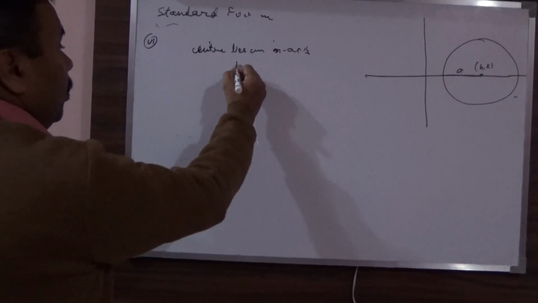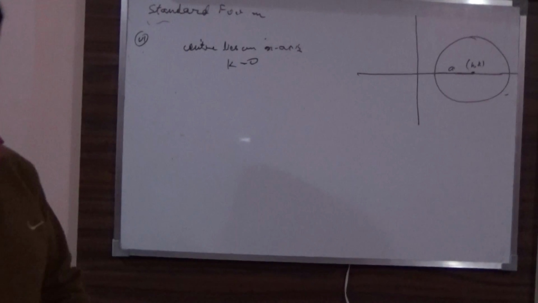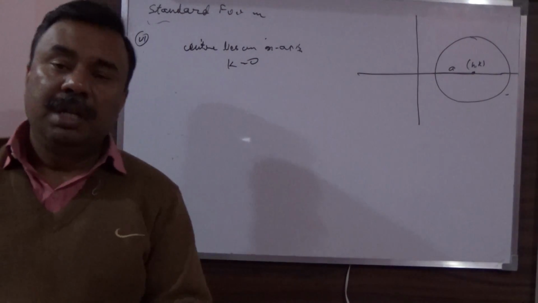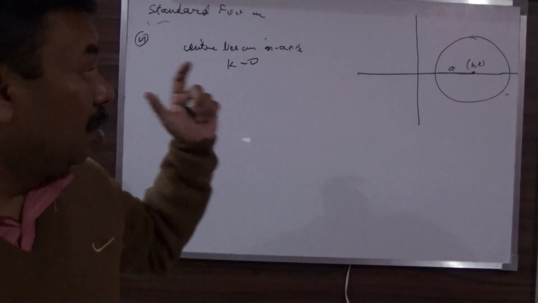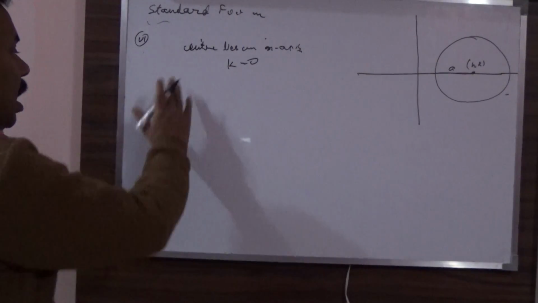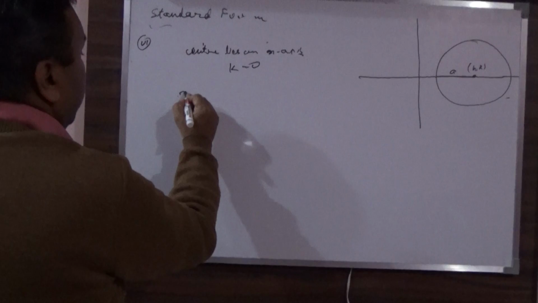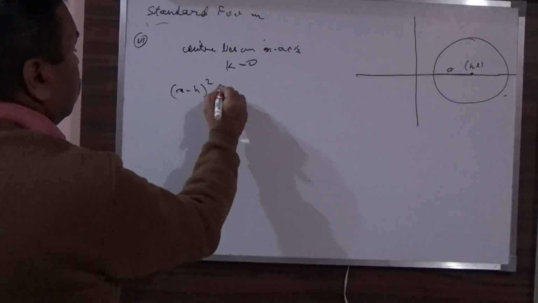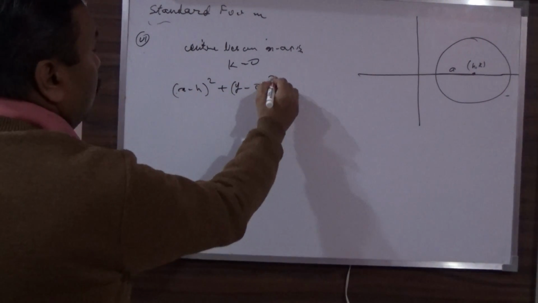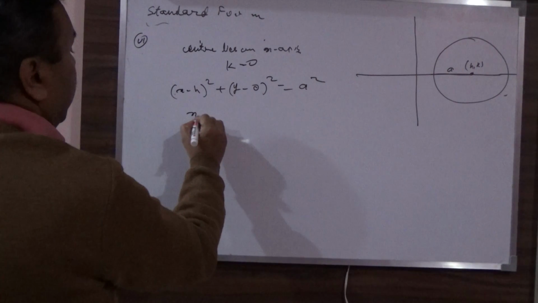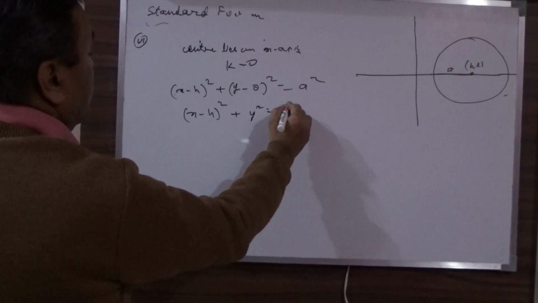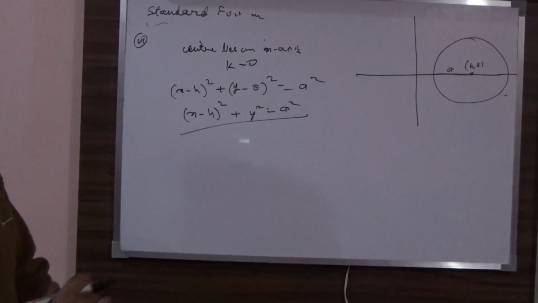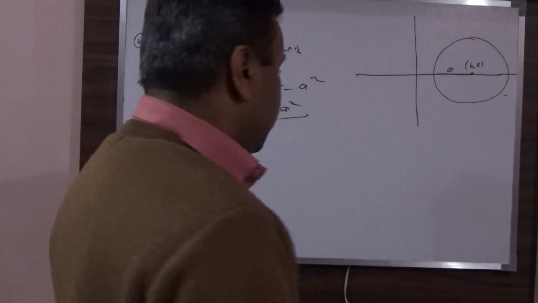In this case, the value of k will be equal to 0, and that is the only thing that has been changed. That will give you (x minus h) whole square plus (y minus 0) square equal to a square, or (x minus h) square plus y square is equal to a square. That is the only thing, and no specific change.